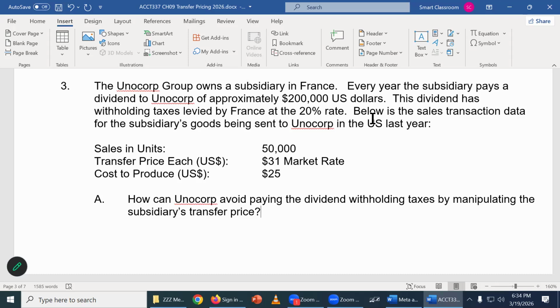So every year the subsidiary pays $200,000, and France says you have to pay 20% tax on that, so they take 20% of the dividends. What could Unicorp do to avoid paying that 20% rate? First of all, they have to stop getting paid in dividends.